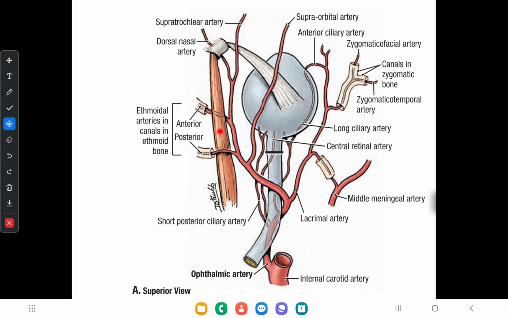Then, blood supply to the optic nerve. The central artery of the retina supplies the intraorbital part. Then the bundles of the ophthalmic artery supply the canalicular part. Then the superior hypophyseal artery supplies the intracranial part of the optic nerve.